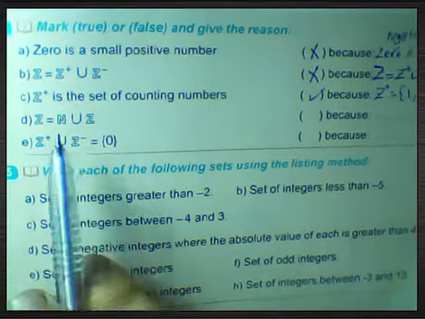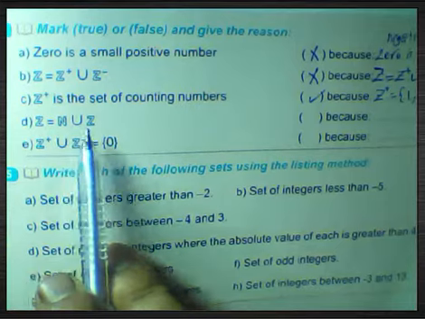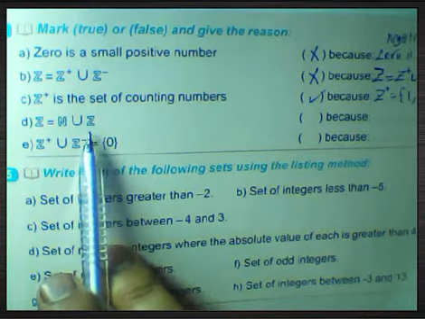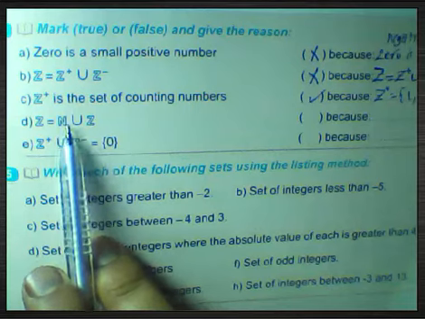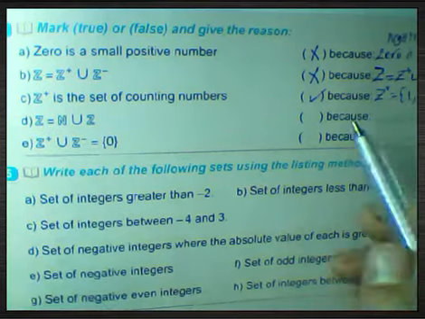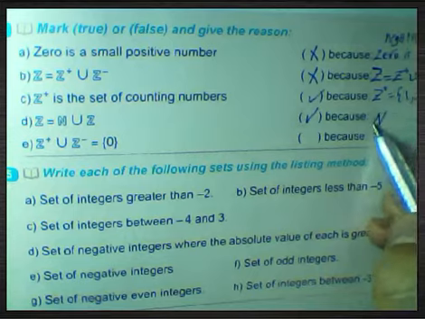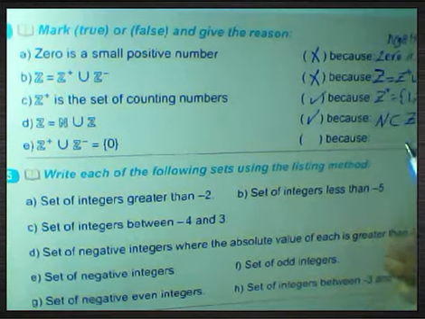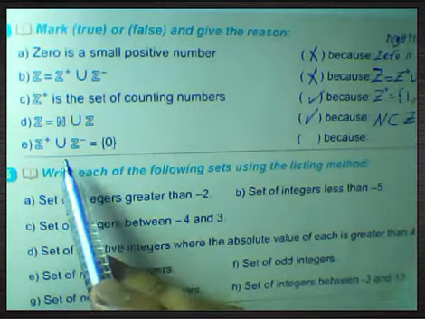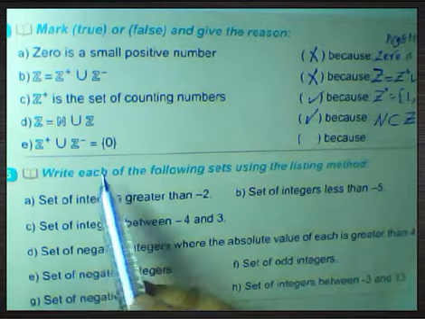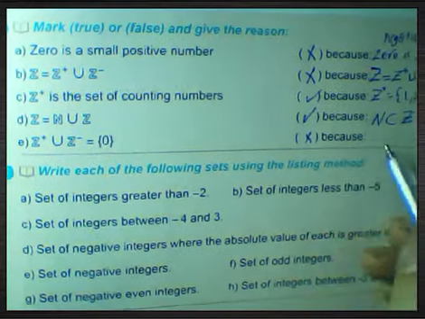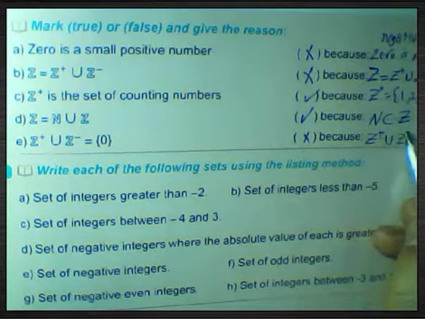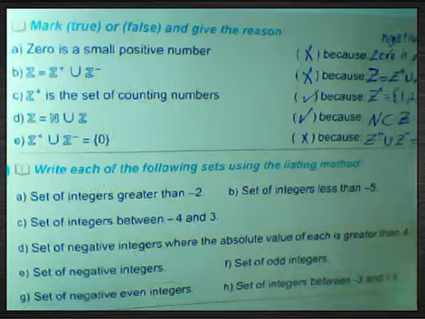Letter D. Z equals natural numbers union Z. It's true, because Z union N will be Z, because N is a subset of the set of integers Z. Z positive union Z negative equals 0. It's false, because Z positive union Z negative equals the null set.